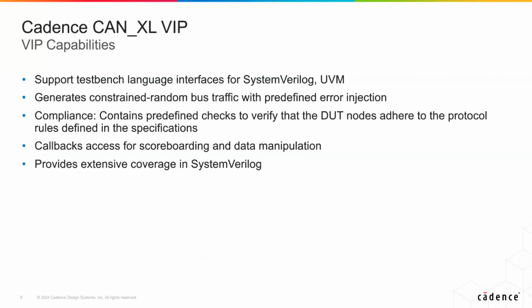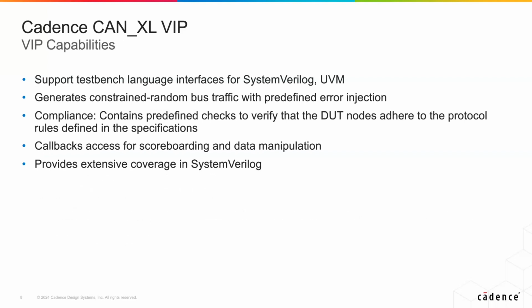Now, our VIP supports the languages SystemVerilog and UVM. So if you want to use our VIP, you will need to use either SystemVerilog or UVM. We provide you the ability to generate random traffic to the network quite easily via predefined transactions. Our VIP contains many checks on the compliance of the protocol.